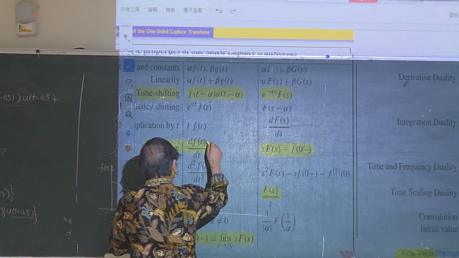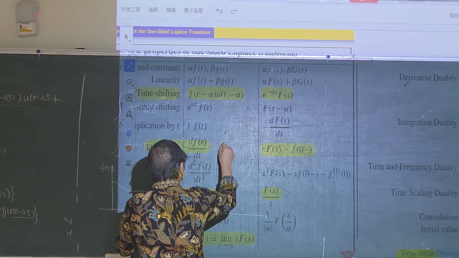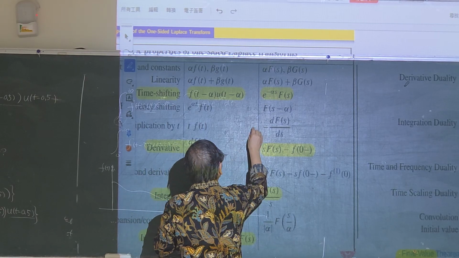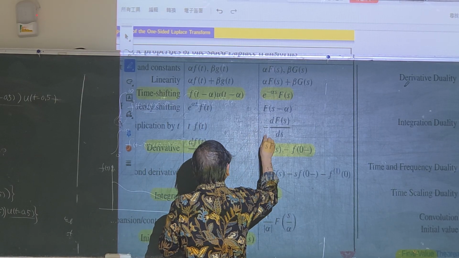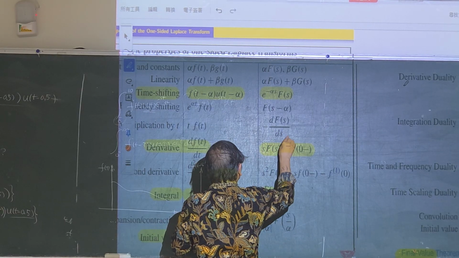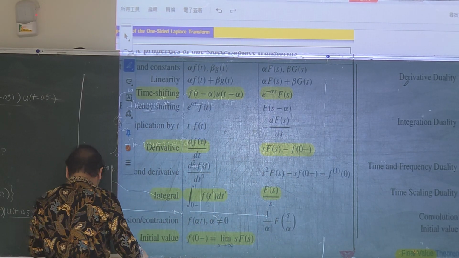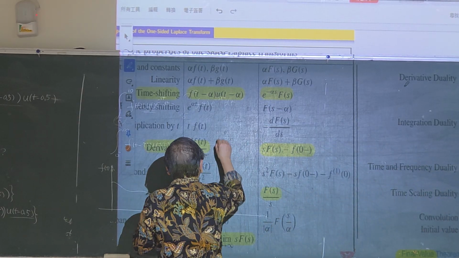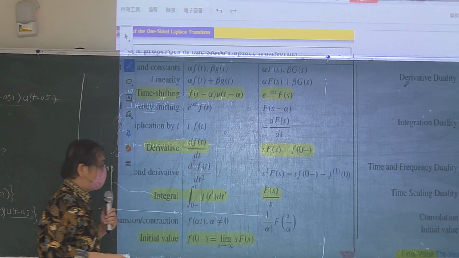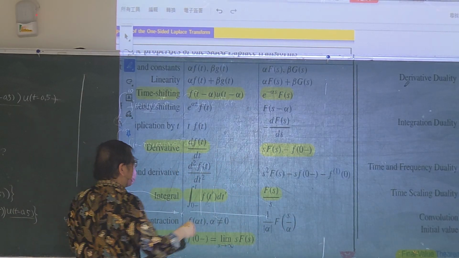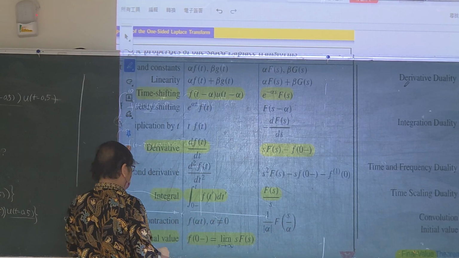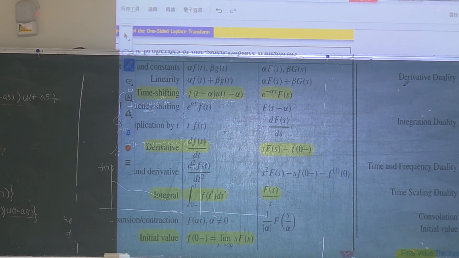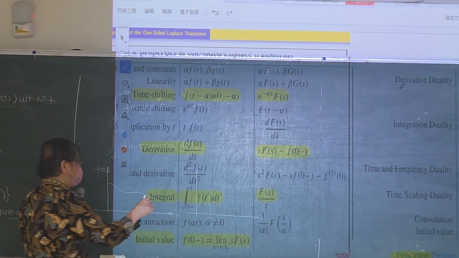I want you to prove this. We call e to the negative alpha s the delay operator. I need you to prove it, and I'm going to use this property directly.